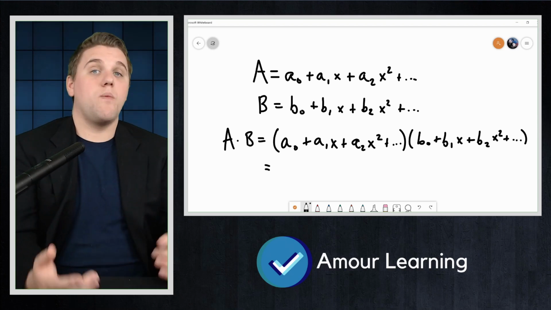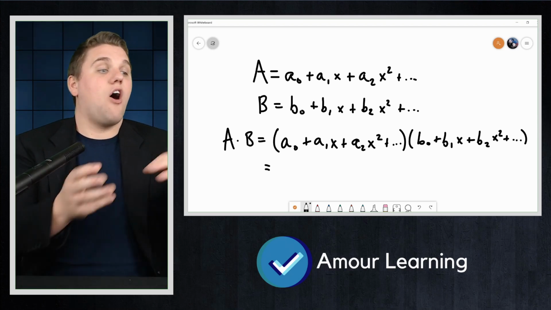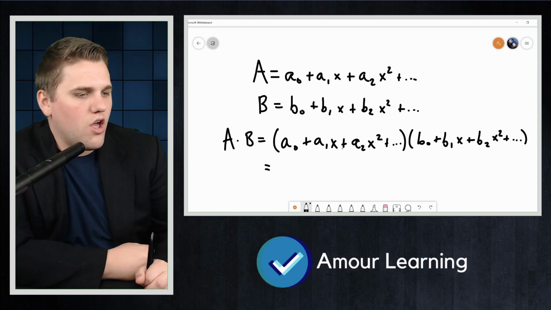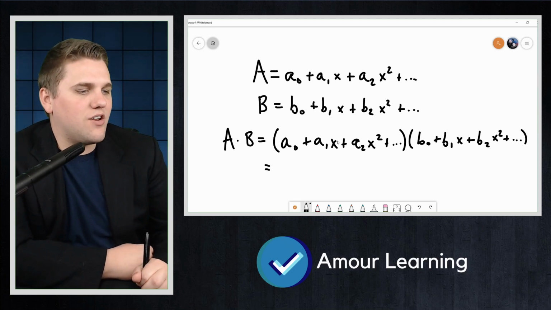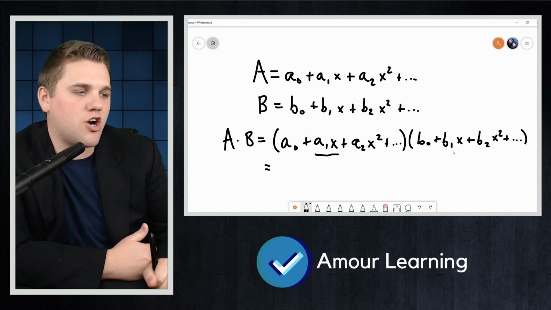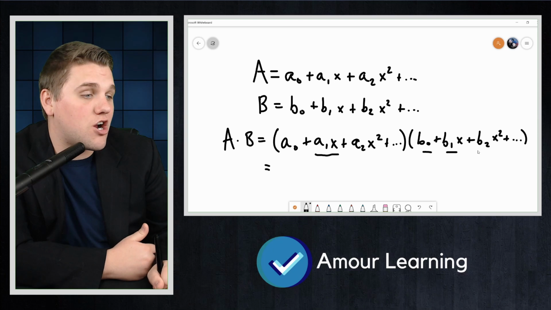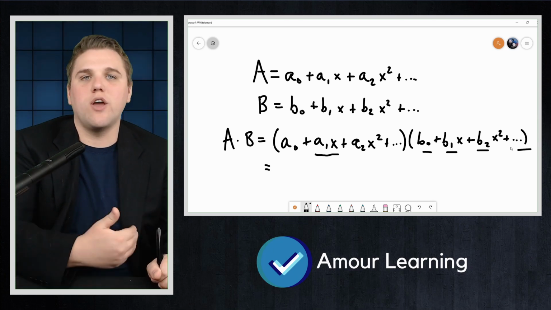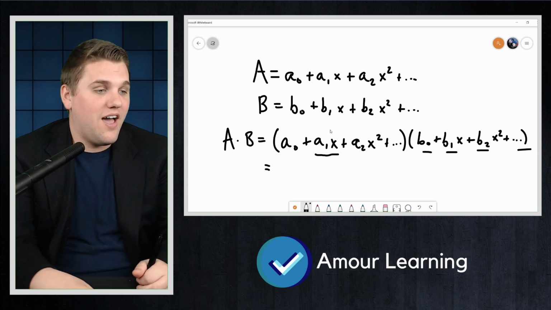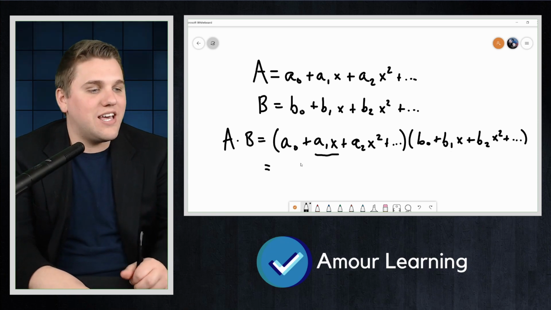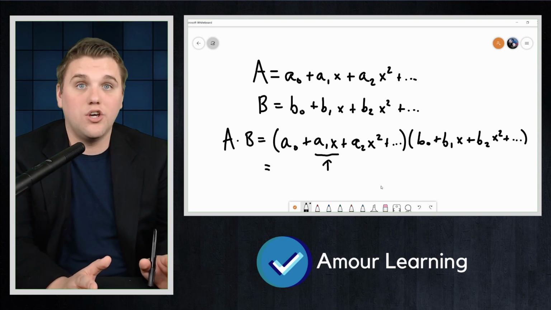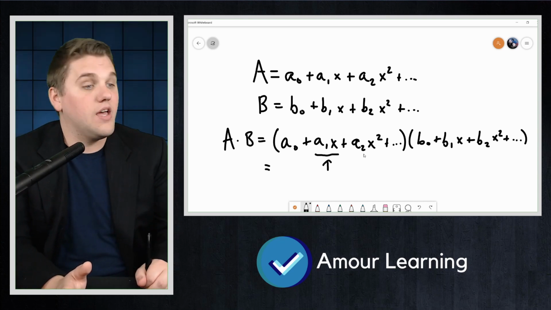When we FOIL, when we multiply each term by all the other terms of the other generating function, you'll notice that you'll pretty much always get an x. For example, this term multiplied by any term here is going to have an x factor in it, at least. So this expression is not going to contribute to the constant term.